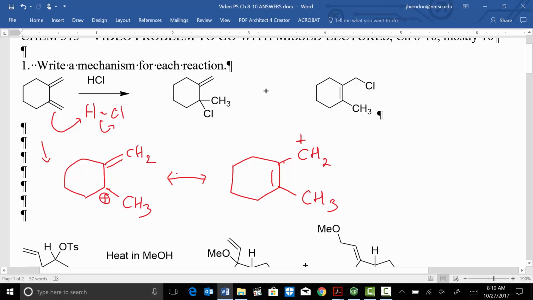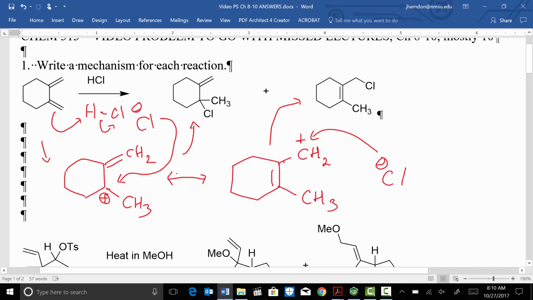Okay, so if we want to look at how we form these two products, we released chloride in that first step when we protonated. So we're just going to add the chloride there, and that's going to give us this product, and we'll add the chloride ion here, and that gives us this product.